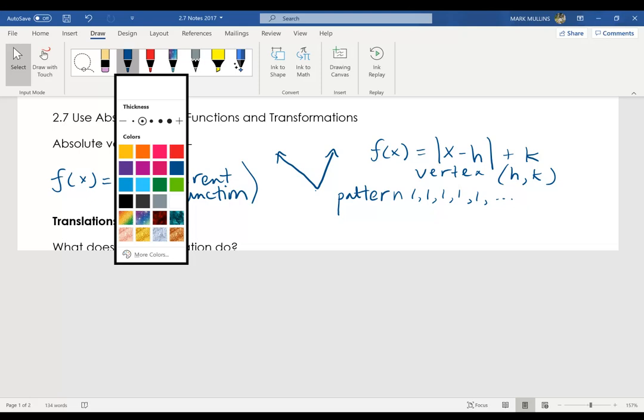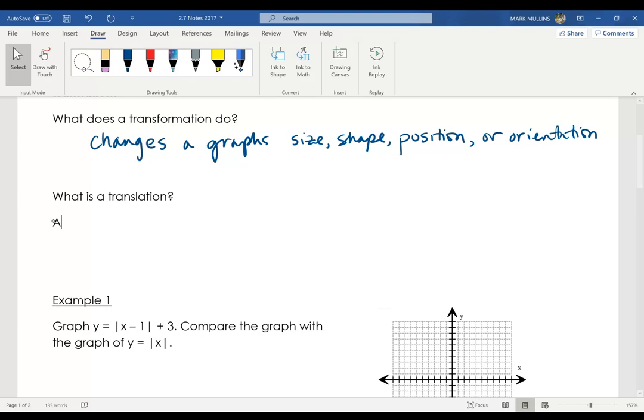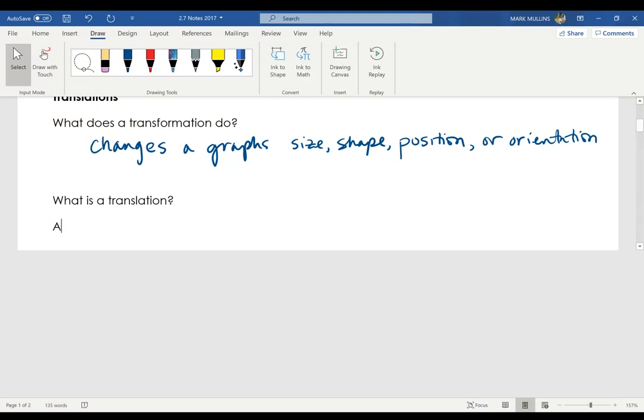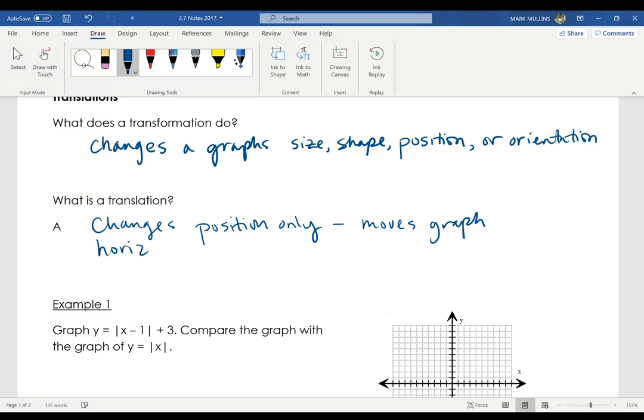So it does not change the size, shape, or the orientation, and it's going to move a graph horizontally and or vertically.